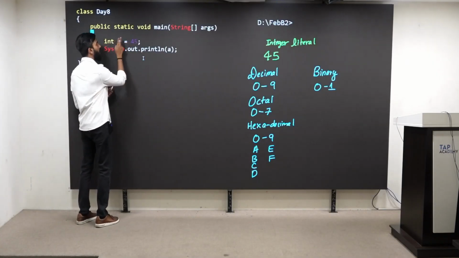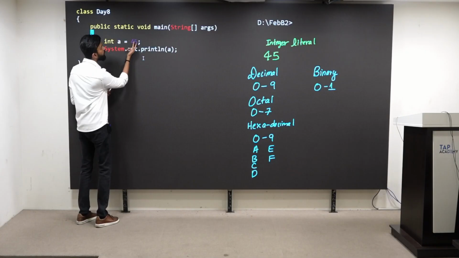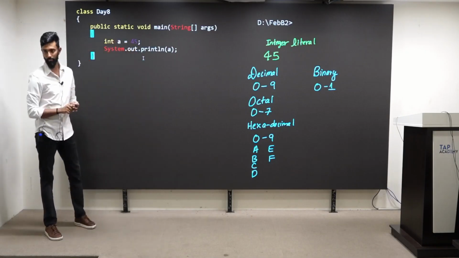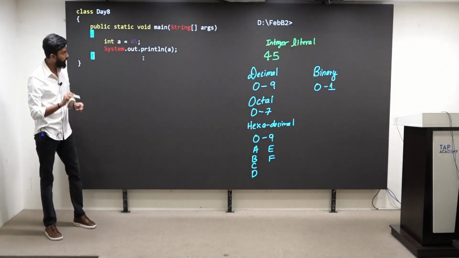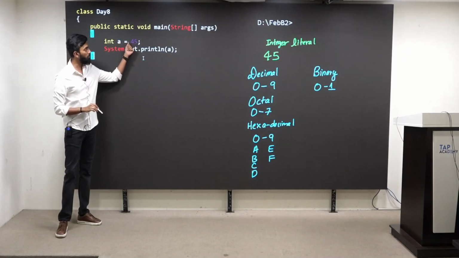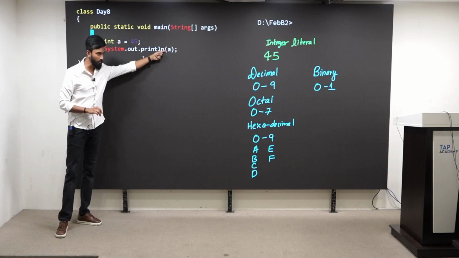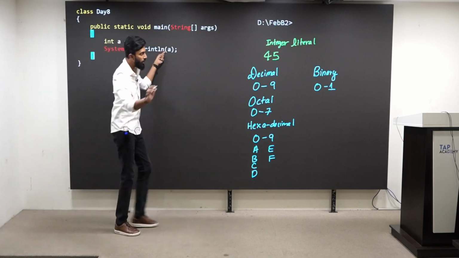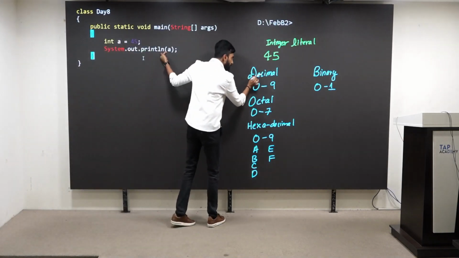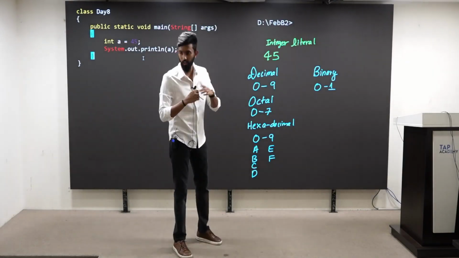You can give a hexadecimal value to Java. You can also give a binary value to Java. Understood? But whether it is decimal, octal, hexa or binary, when you print, Java will only and only print it in decimal, because human beings use decimal.